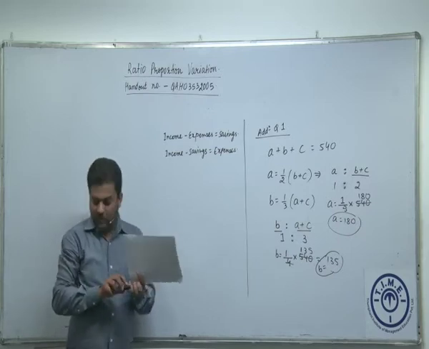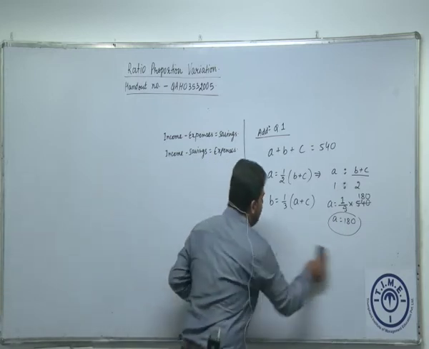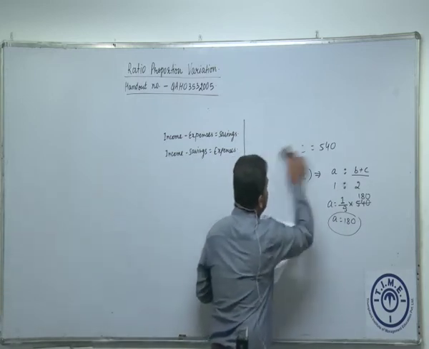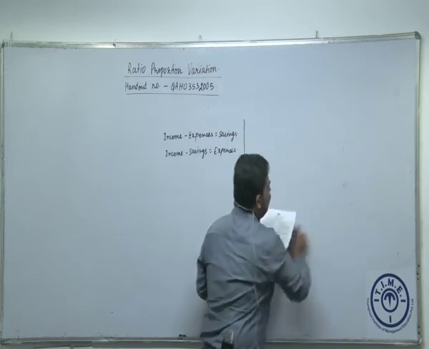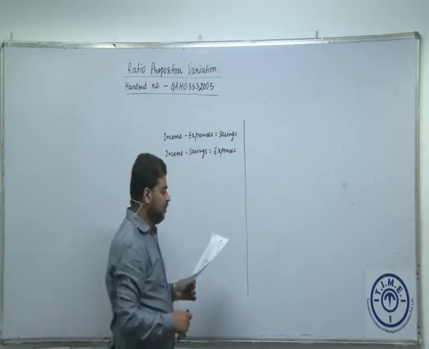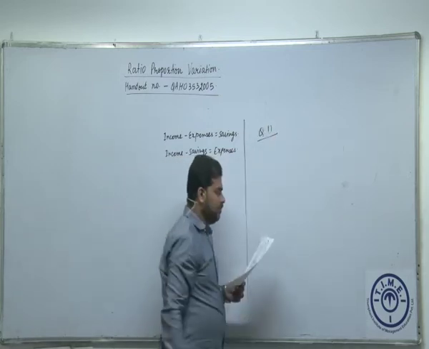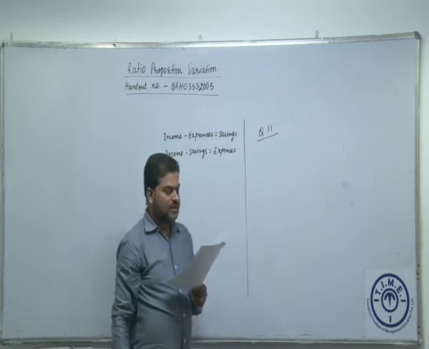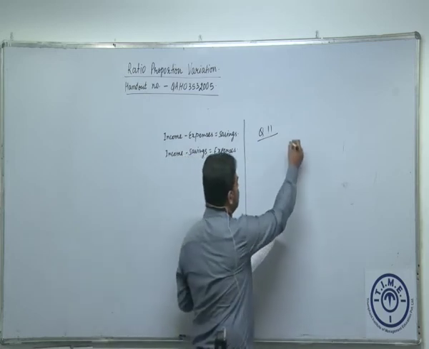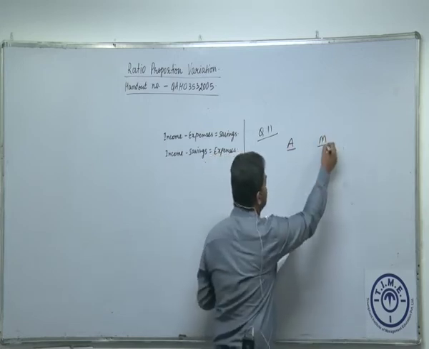Okay. So let us represent it in mathematical form here. We have been given income and expenses of two people. So this is question number 11. Income has the ratio of 6:5. So let's write it here, A for Anil and M for Mukesh.